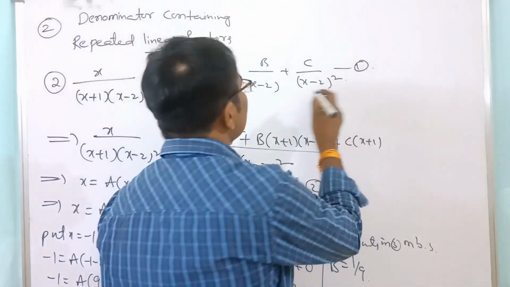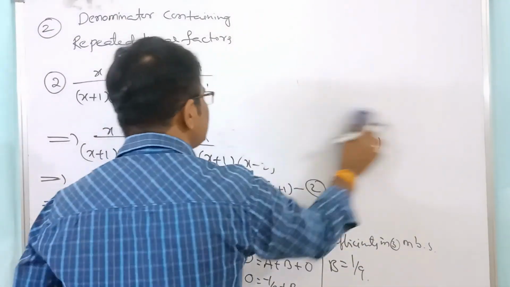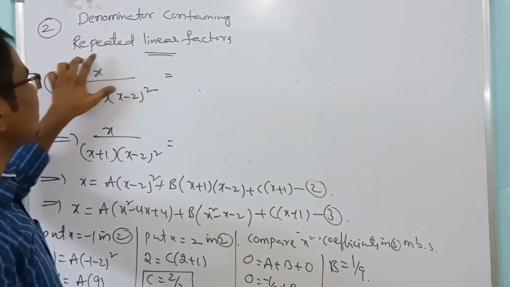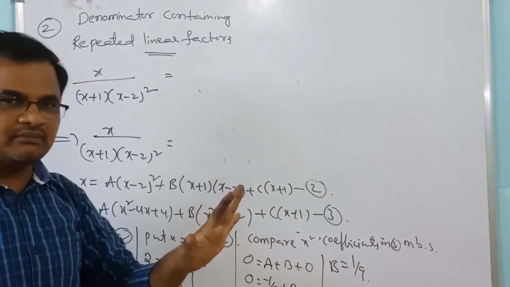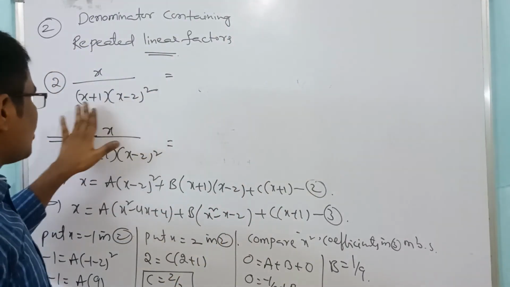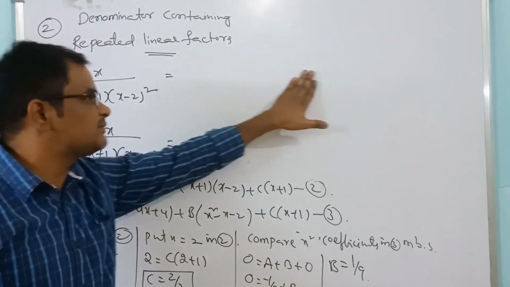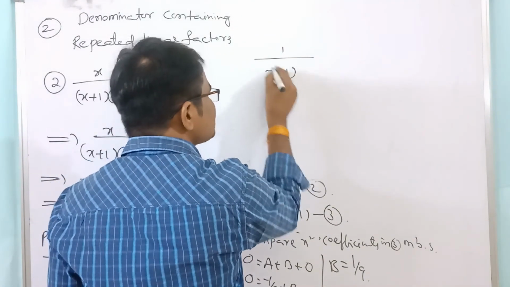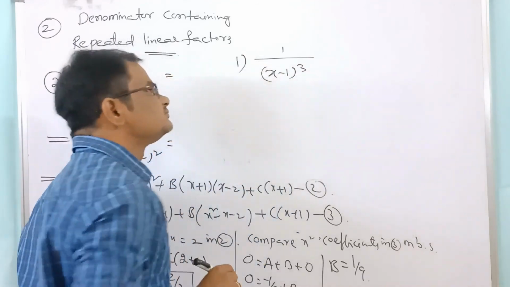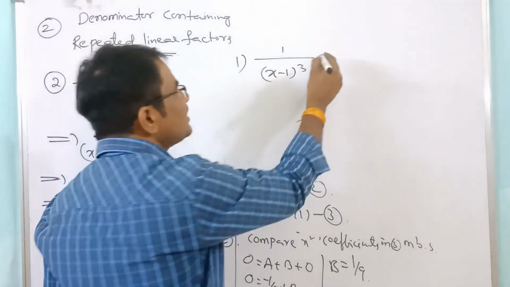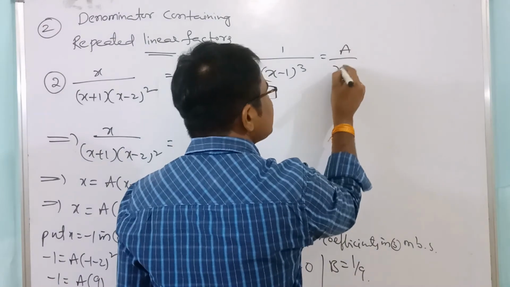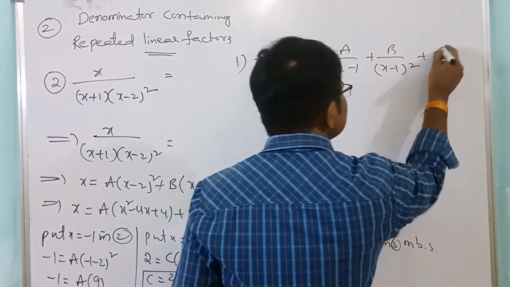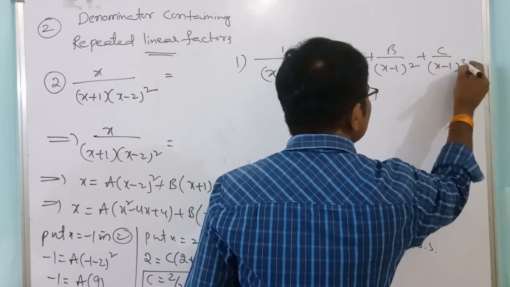So these are the two examples on denominators containing repeated linear factors. In the denominator, however many times a factor is repeating, that many times we have to write. Suppose 1 by x minus 1 whole cube is there. Then we have to write it as a by x minus 1, plus b by x minus 1 whole square, plus c by x minus 1 whole cube.